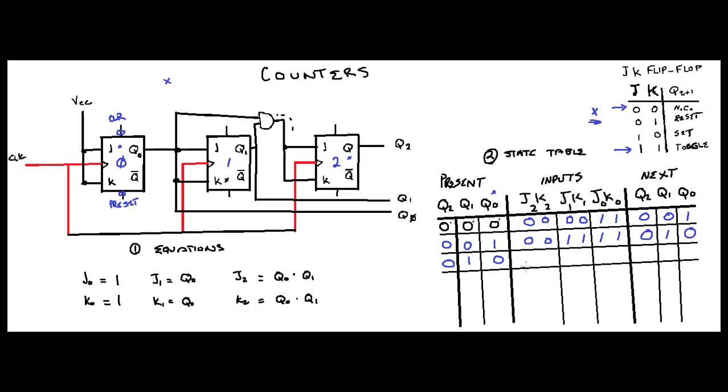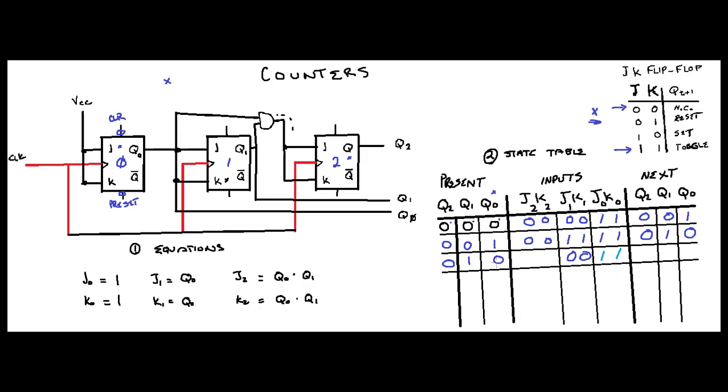So, let's go through it. What are we going to have here? Well, J0, K0, they're both equal to 1. That's not going to change, right? Now, J1, K1. They're both equal to Q0, aren't they? Well, what's Q0? Q0 is 0, so this is going to be a no change, right? And J2, K2, well, that's Q0 ANDed with Q1.